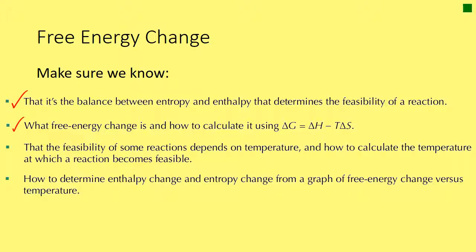We've also looked at some reactions and how their feasibility depends on temperature, and how to calculate the temperature by our rearrangement of our free energy equation by setting delta G equals 0. We've done that as well, and we've just now had a look at a free energy change versus temperature graph in order to determine enthalpy changes, delta H, and entropy changes, delta S. So we've done this one too.